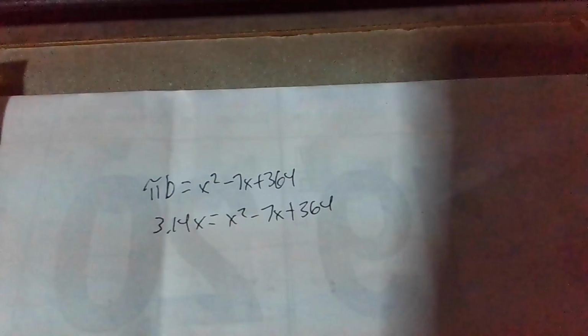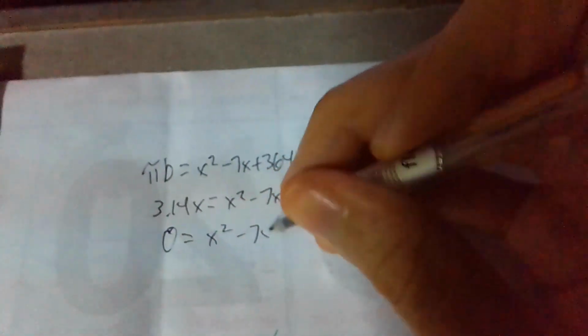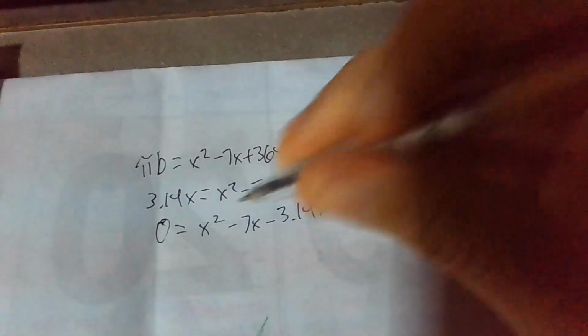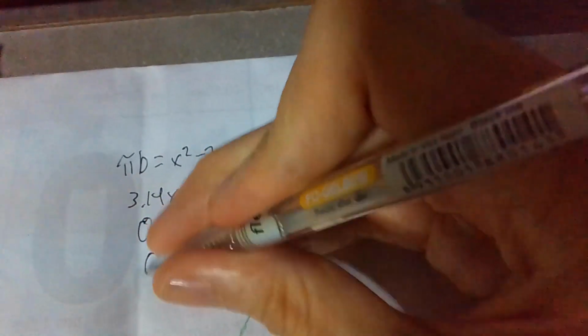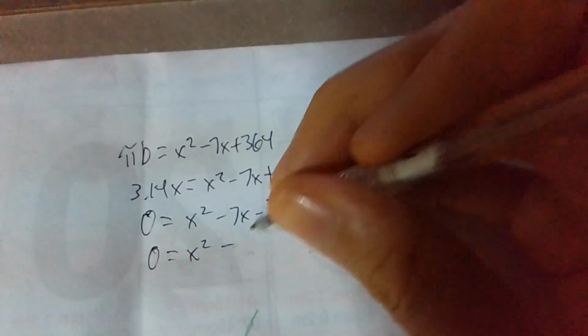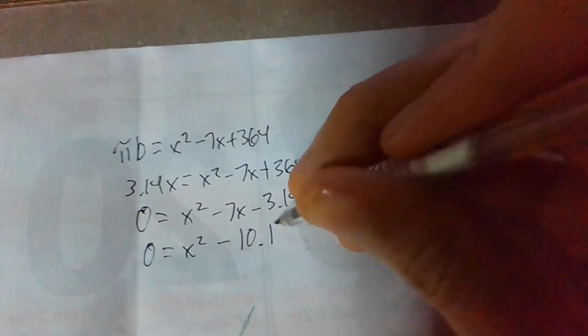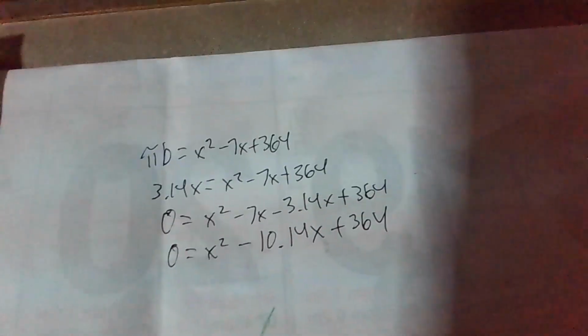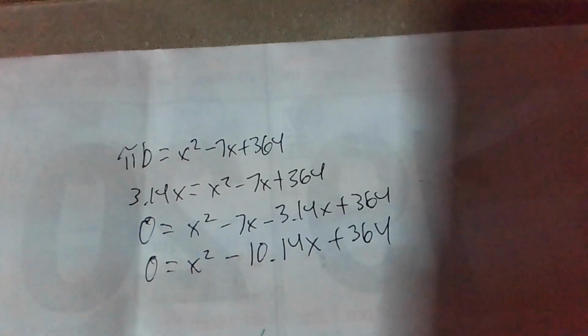So we need to subtract, so it will become 0 is equivalent to x squared minus 7x minus 3.14x plus 364. Then combine like terms. So 0 is equivalent to x squared minus 10.14x plus 364. Alright?